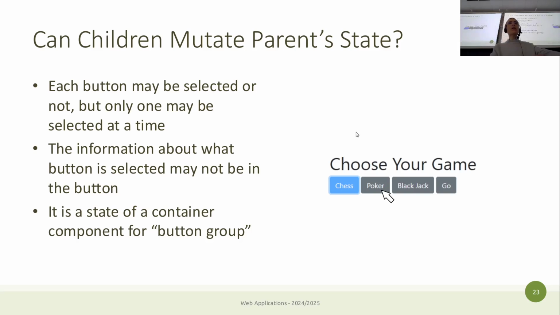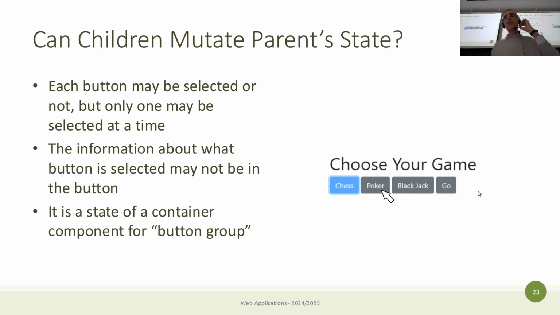Okay, good. So we still need to handle one situation where you might wonder, well, how do we use the state in this case? Let's assume you have a situation like this. You have 4 buttons.